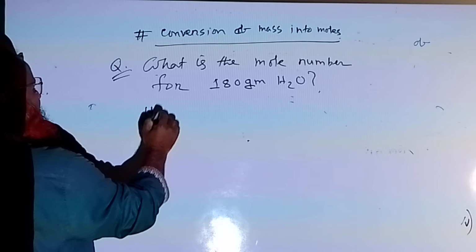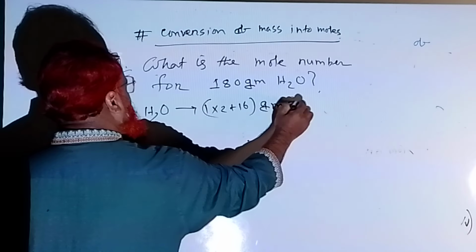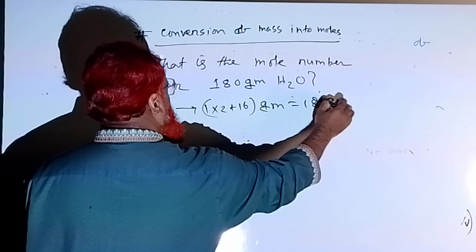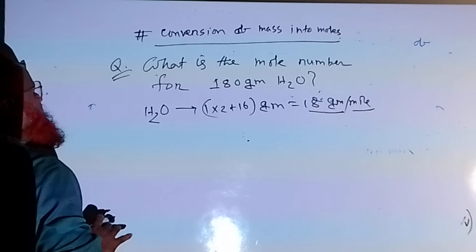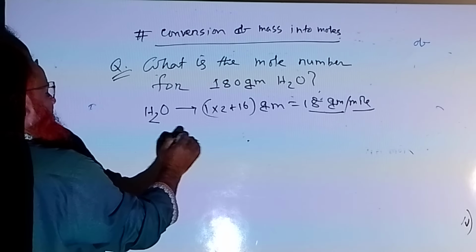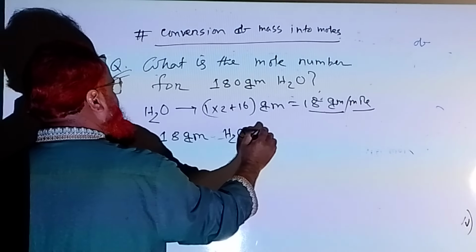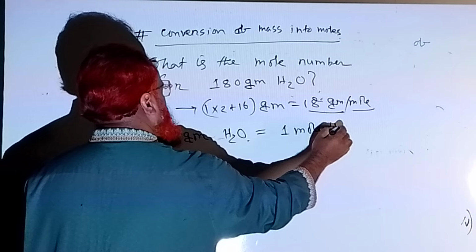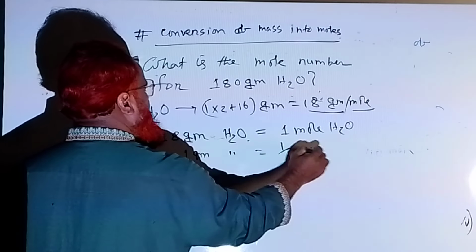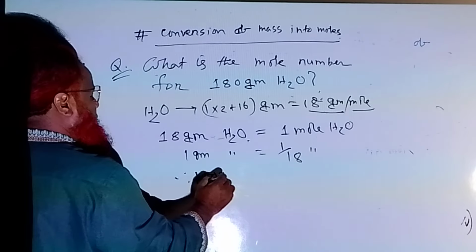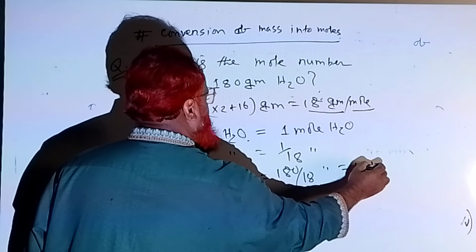You know that the molecular mass of H2O is 1 into 2 plus 16, that is 18 gram per mole. That means every mole of water has 18 gram. So very simple, 18 gram H2O means 1 mole H2O. So 1 gram H2O equals 1 by 18 mole. So 180 gram H2O will be 180 divided by 18. So it will be 10 mole.